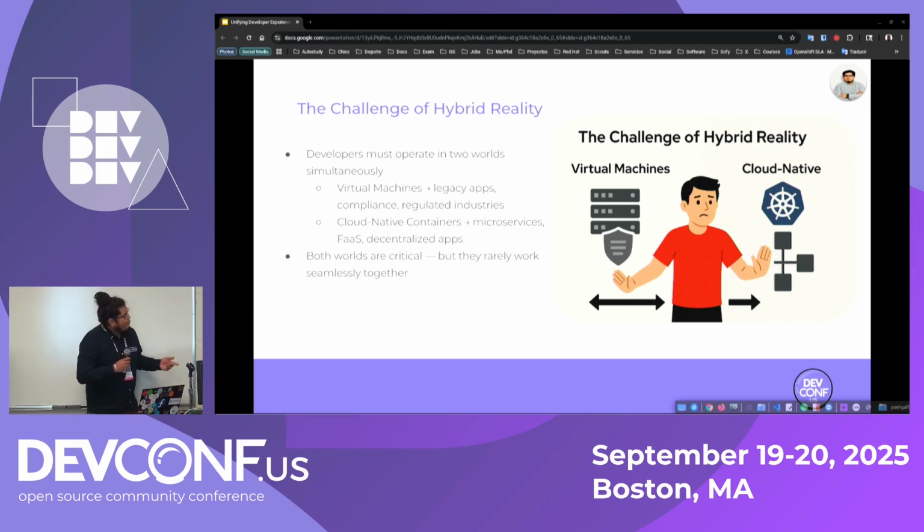On the other side, we have the cloud native containers world, powering microservices, function as a service, and even decentralized apps. This hybrid reality is the tension we must resolve if we want developers to move faster, stay secure, and keep innovation flowing without being weighed down by complexity.